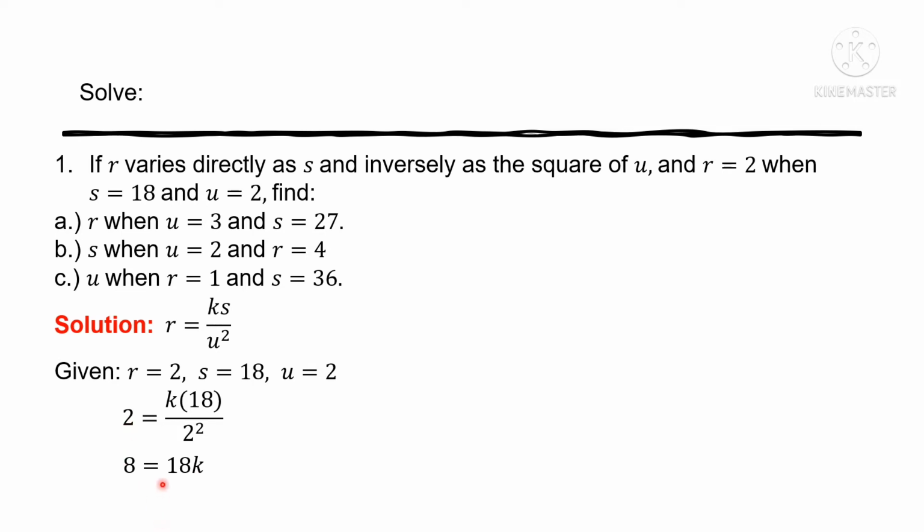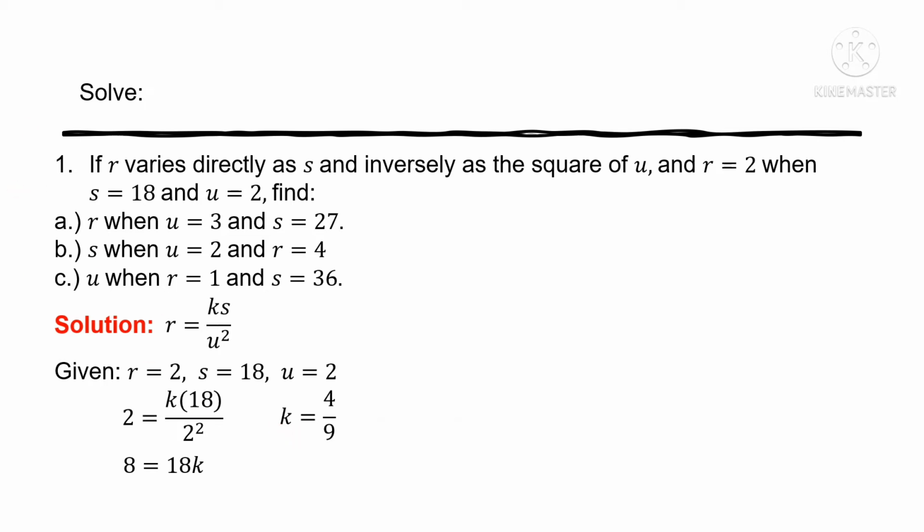Then divide natin sa magkabilang side ng 18. 18k divided by 18 is k. Then you have 8 over 18 is 4 over 9. Yung lowest term ng 8 over 18 ay 4 over 9. So, ito yung ating constant of variation.